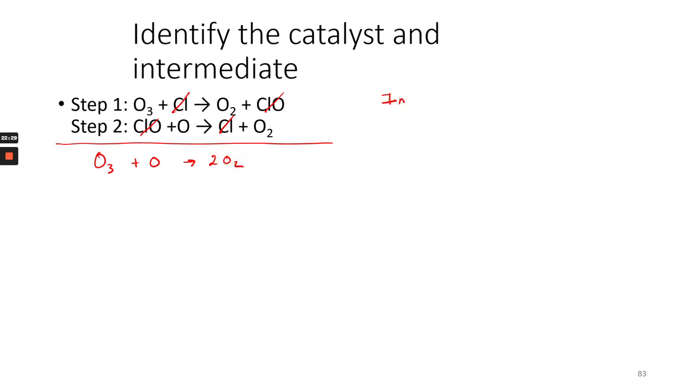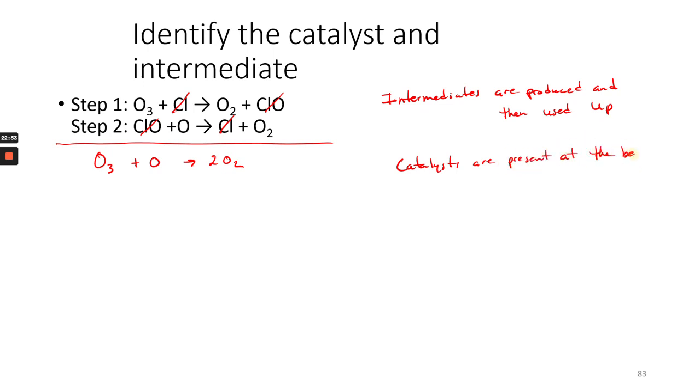Remember, intermediates are produced and then used up. Catalysts are present at the beginning and at the end.